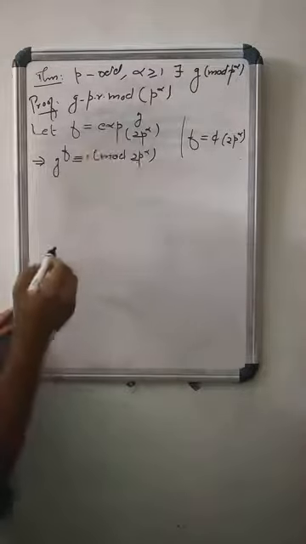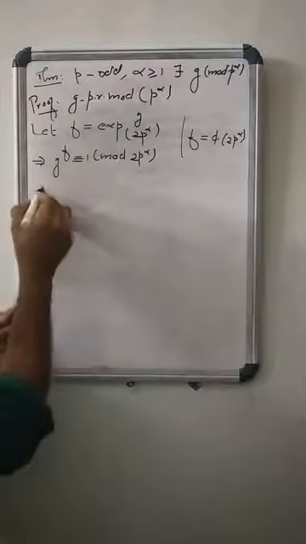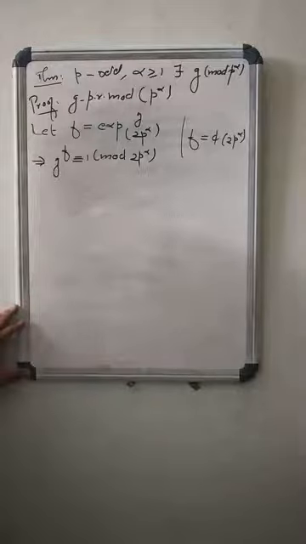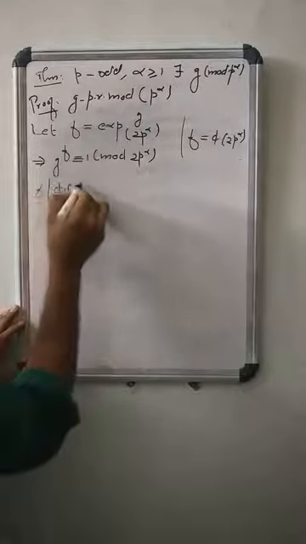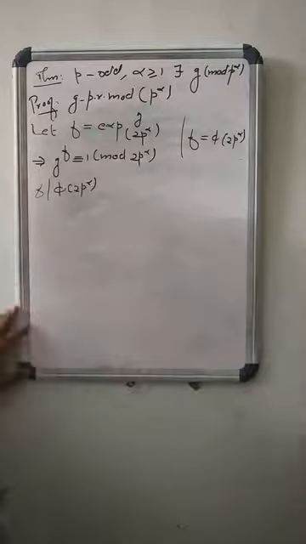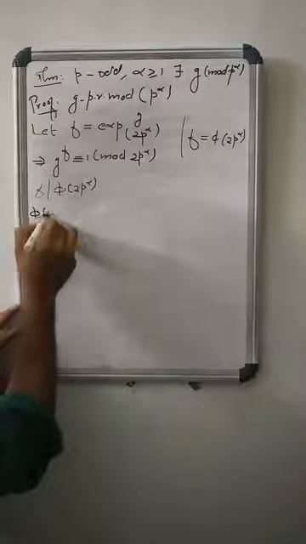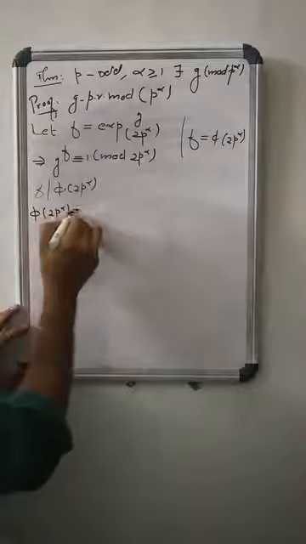Since f is the exponent of g mod 2p^alpha, clearly f divides phi of 2p^alpha. Clear? But what is phi of 2p^alpha?